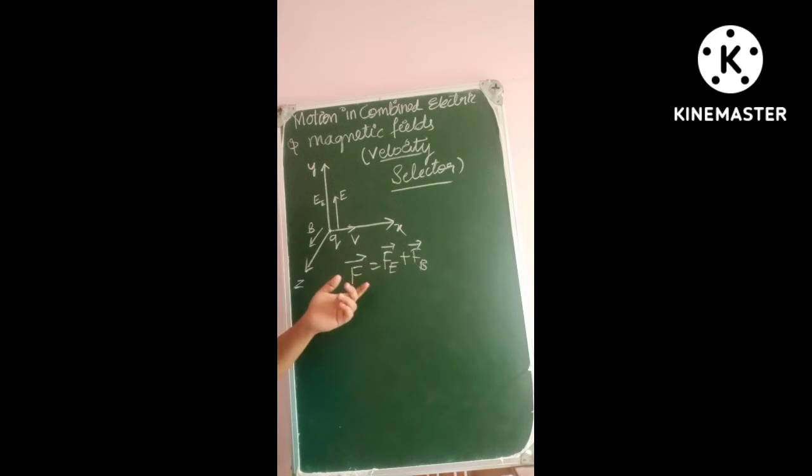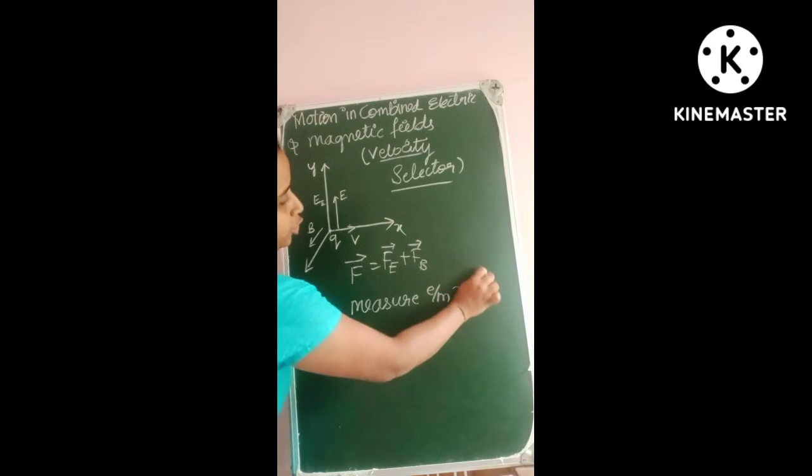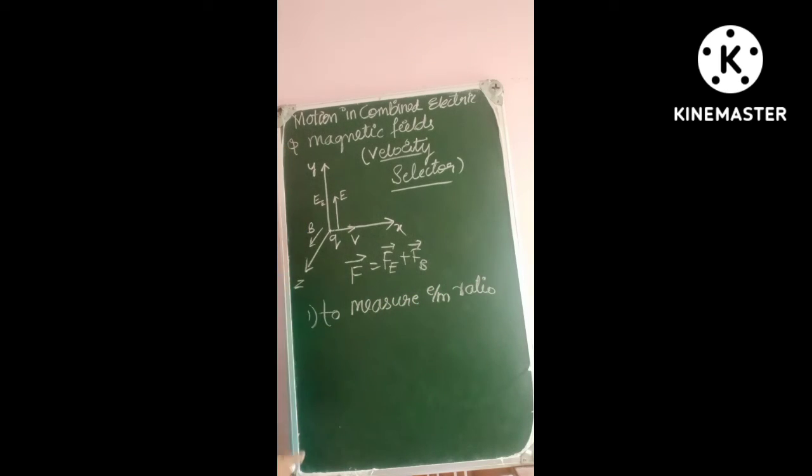This velocity selector is used to measure the e by m ratio. This is one of the uses of the velocity selector. It is also used in the mass spectrograph.